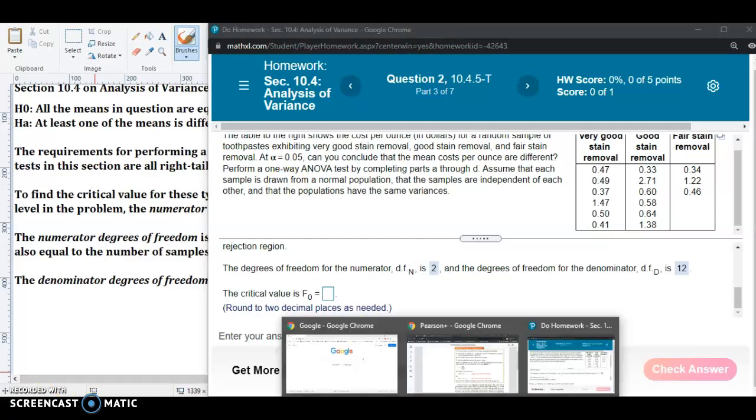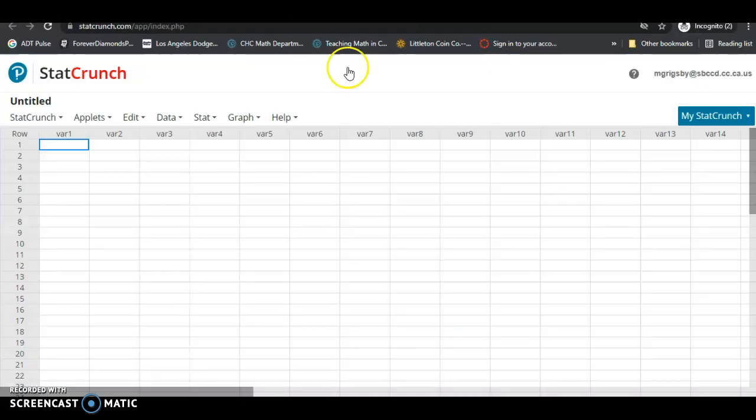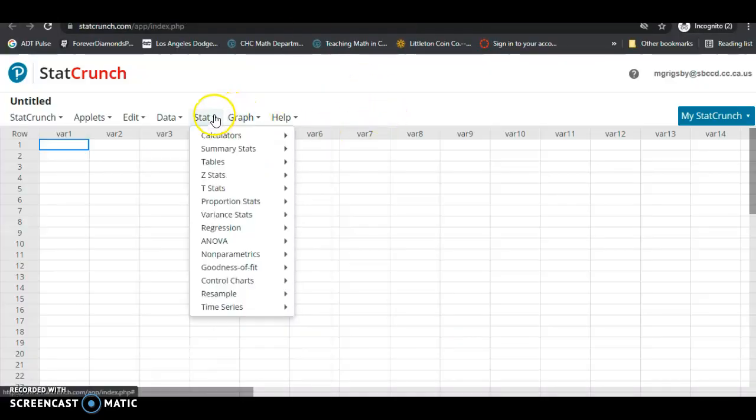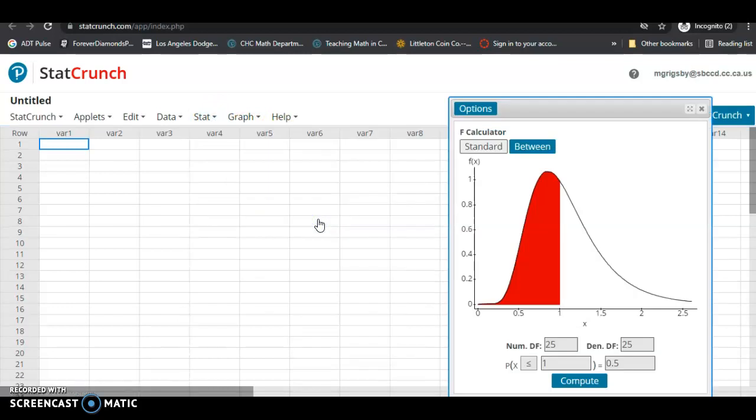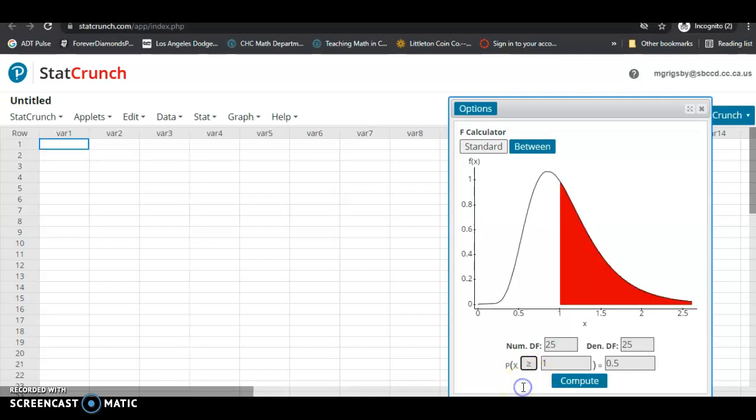Okay, so let's go to StatCrunch, and we're going to go ahead and open up the F distribution calculator. So go to the Stat menu, Calculators, select F for the F distribution. And remember, one-way analysis of variance tests are right-tailed tests. So you're going to select the greater than or equal to symbol.